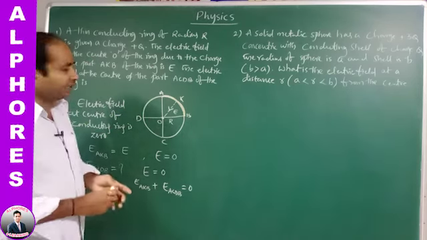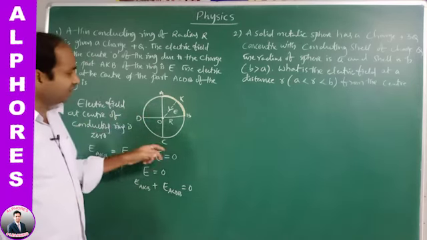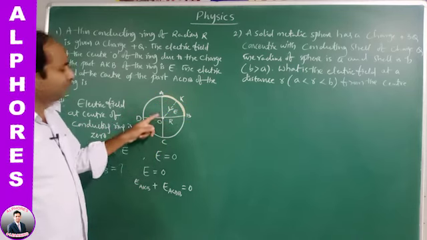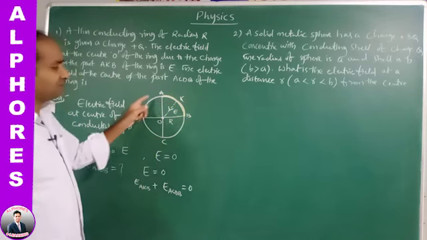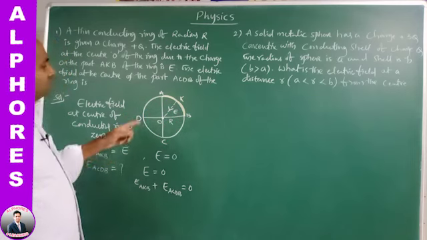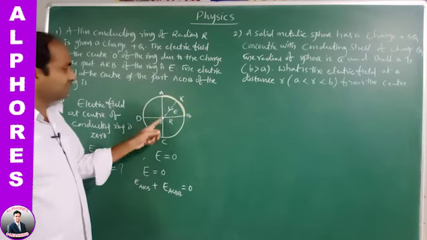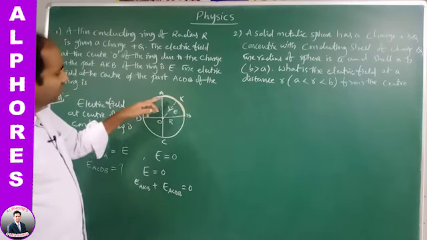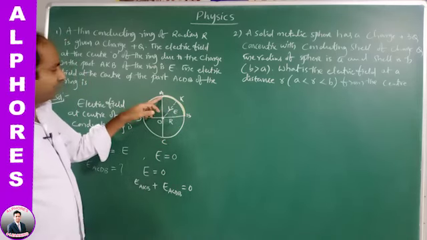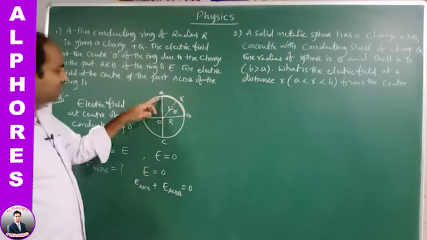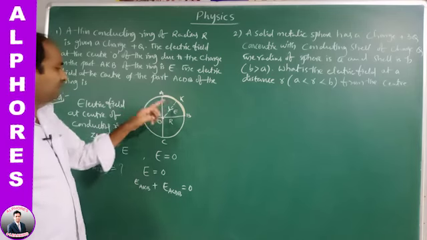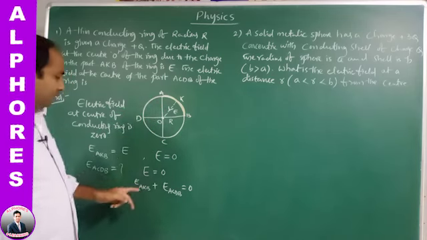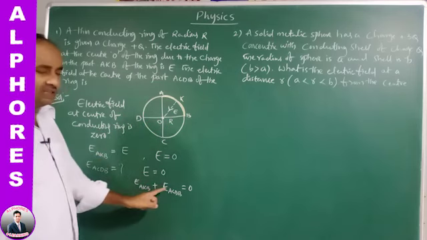The electric field at the center of the conducting ring is 0 for the entire ring. We know the electric field at the center due to AKB is given as E. We need to find the electric field at the center due to the remaining part ACDB. But the sum of these two parts is 0.